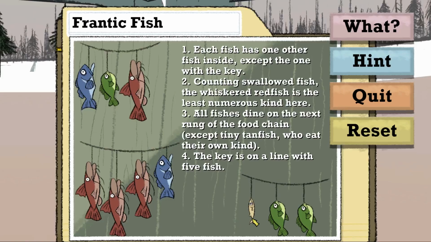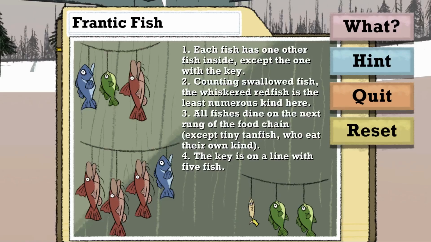Sorry, there's 5 whitefish. Okay, so if we remove all 3 of the greens and the 1 tan that we can see, all of them have tan fish in it. So we can just throw out the green fish entirely and the tan fish, because they have to have the tan fish in them.